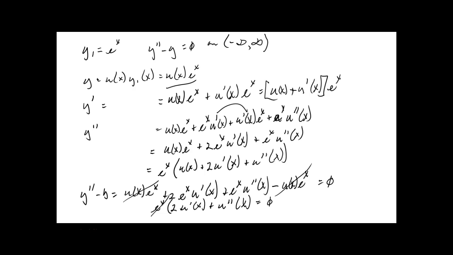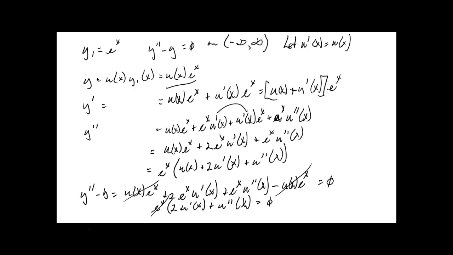Now we're going to do this thing that we've done a few times before. Let's take our u prime here and make that w. Let u prime of x equal w of x. And what we've just done is reduce the order.